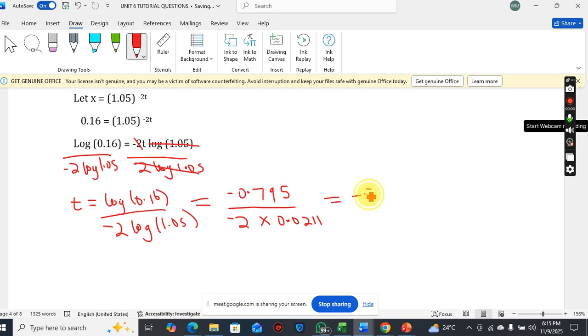So say negative 0.795 divided by negative, so 2 times this, that would be 0.0422.